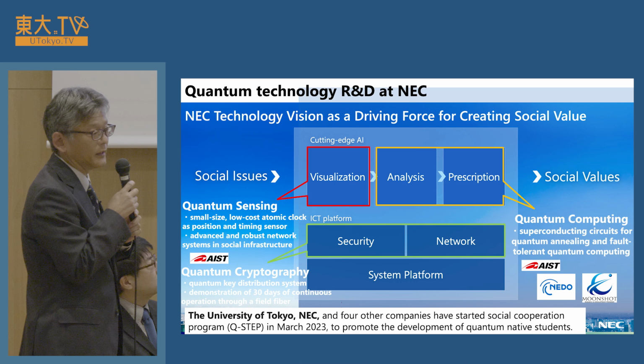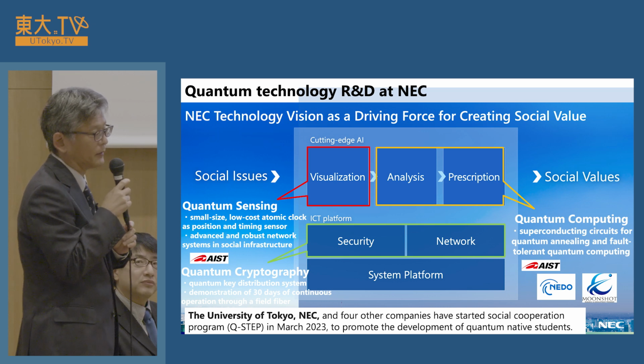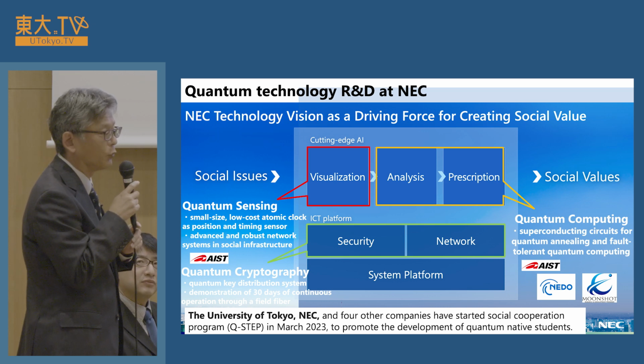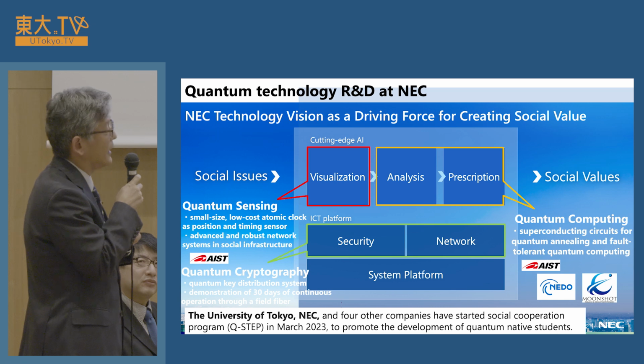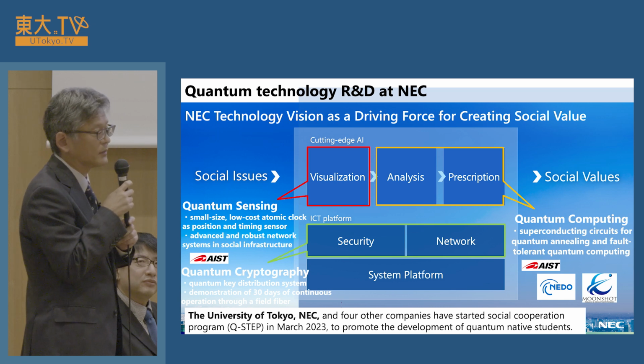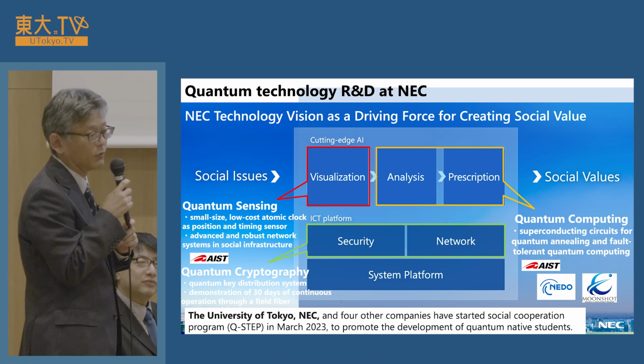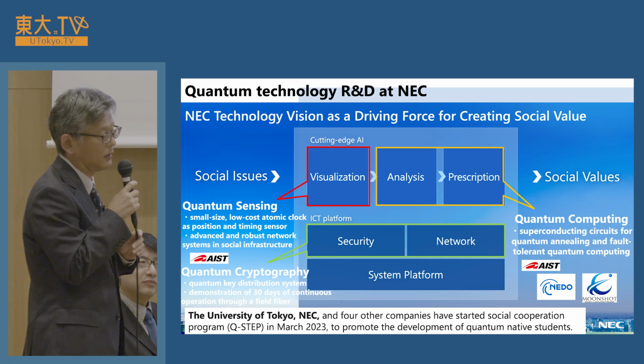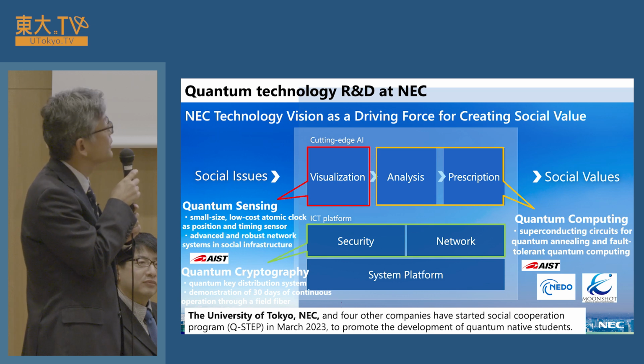And we think it is important to combine software and hardware technologies. And we believe that our strength is that we have been working on both technologies for a long time.